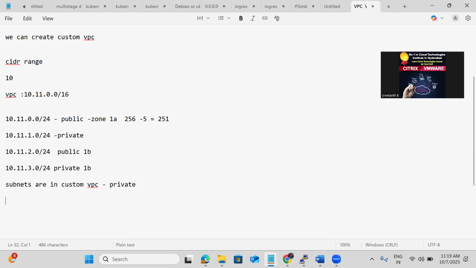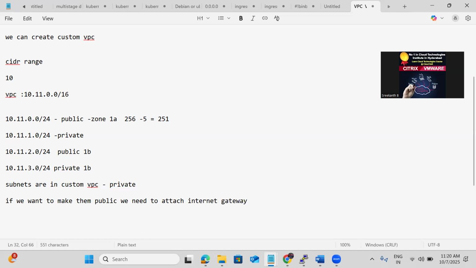If you want to make them public, we need to attach an internet gateway. The internet gateway needs to be attached. But in the default VPC, by default we get an internet gateway.